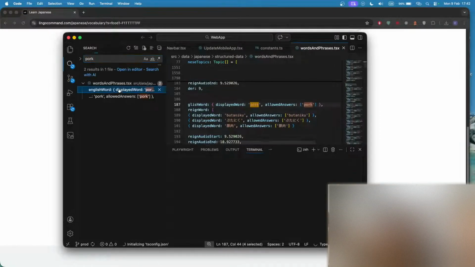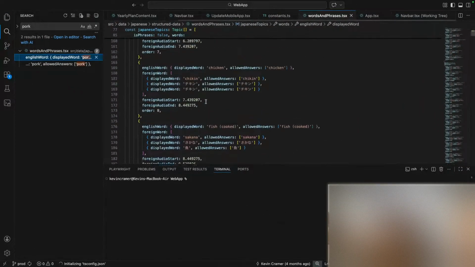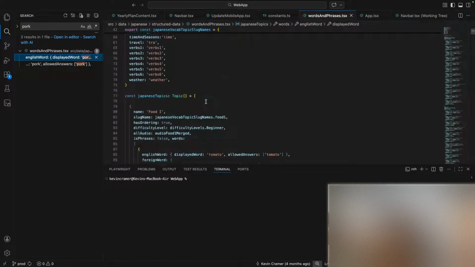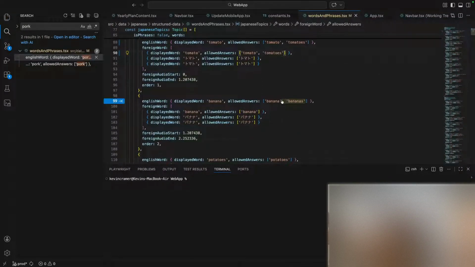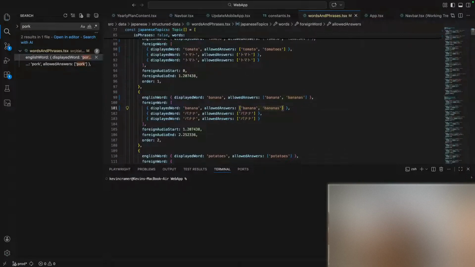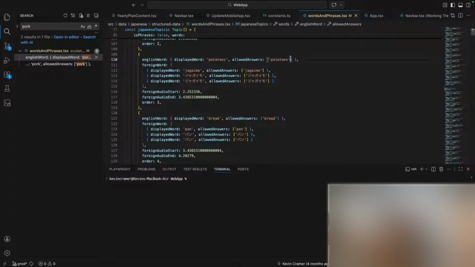So we had pork. Let's make this full screen. So this is foods 1 list. And we should allow tomato and tomatoes. Both are acceptable. Same here. Yeah, perfect. So then here, potato should be allowed.